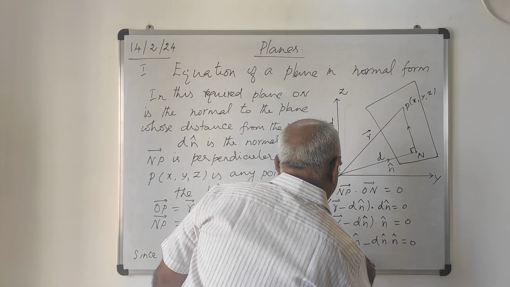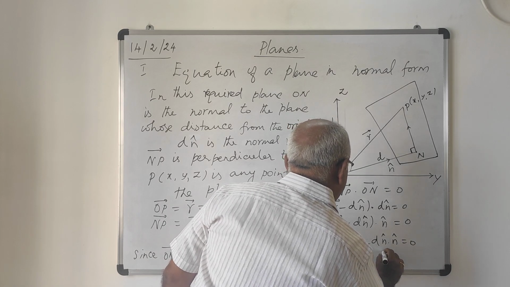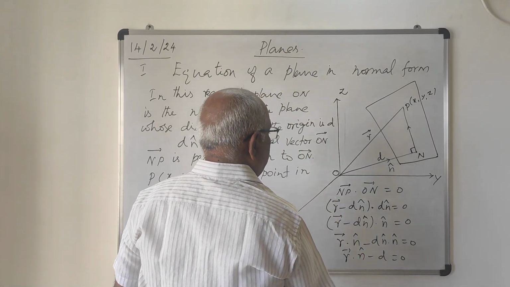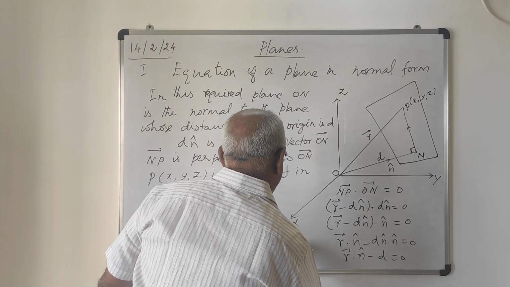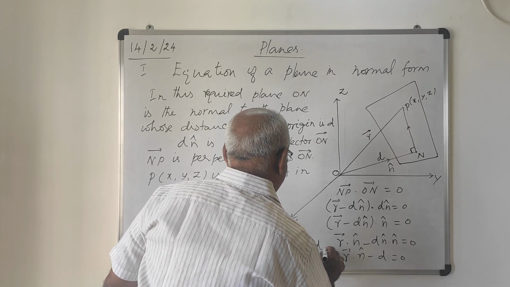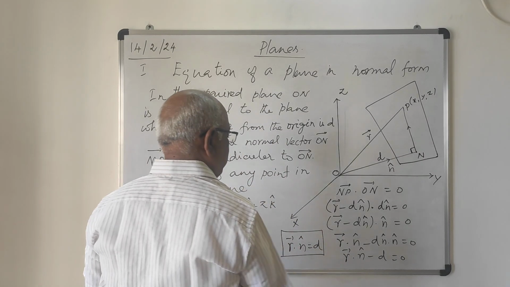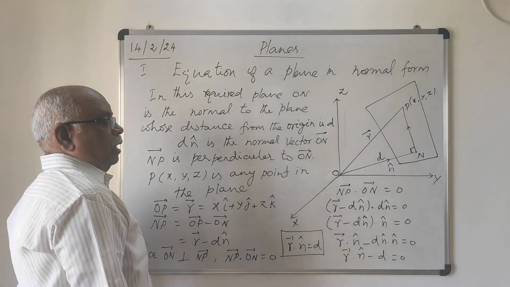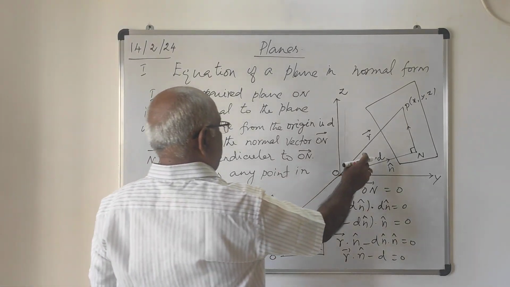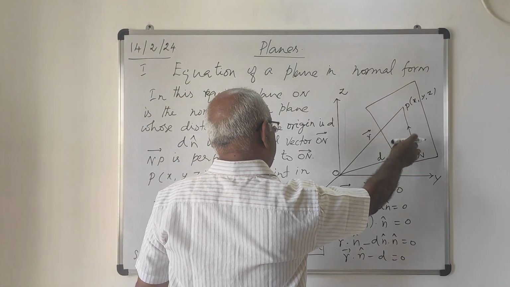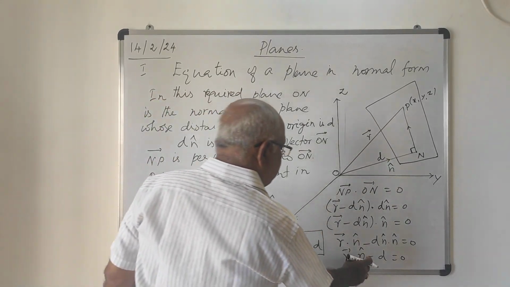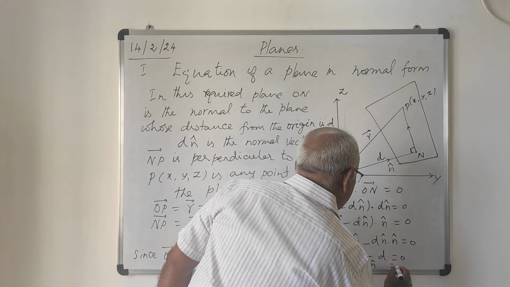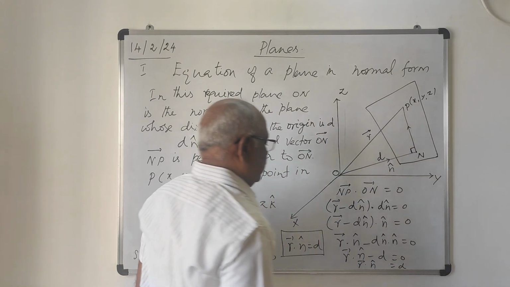So R dot n cap minus D equals 0, that is R dot n cap equals D. This is the normal equation of the plane, where D is the perpendicular distance of the plane from the origin. Bringing D to the right hand side, it becomes R dot n equals D.